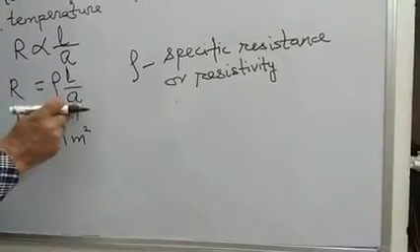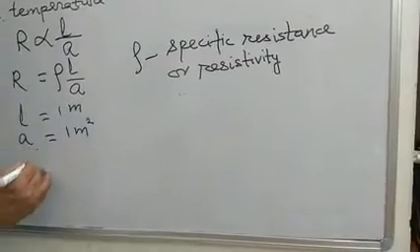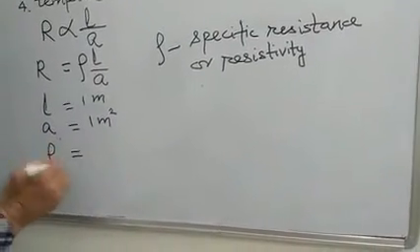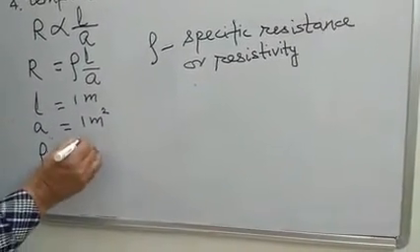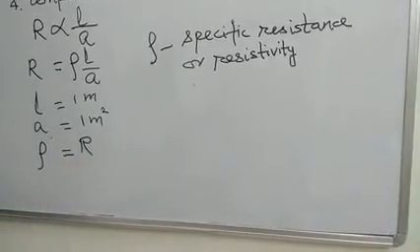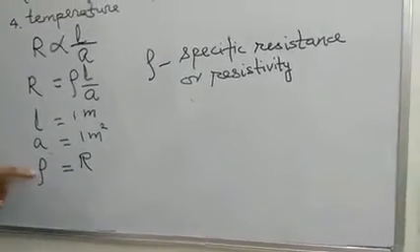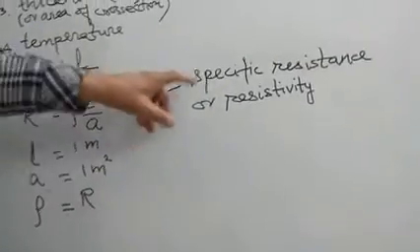This is 1, this is 1. Rho becomes equal to R, and from here you can define this specific resistance or resistivity.